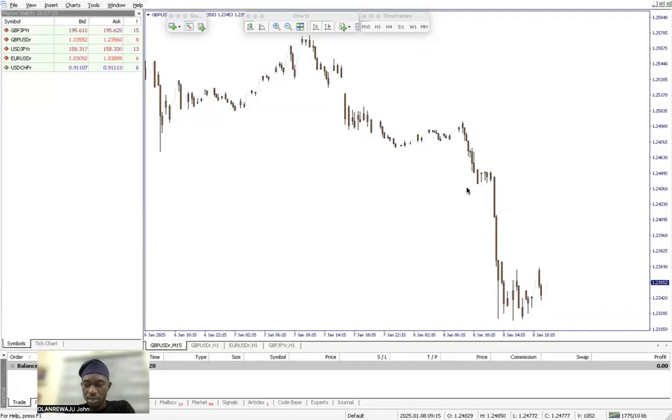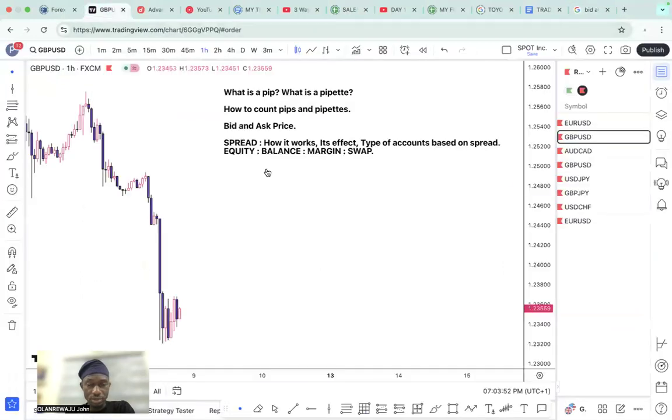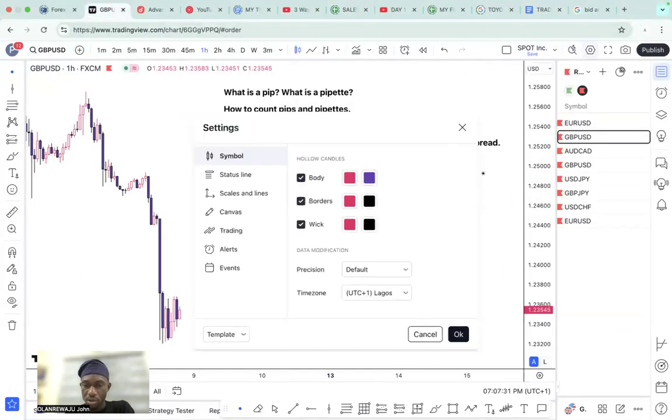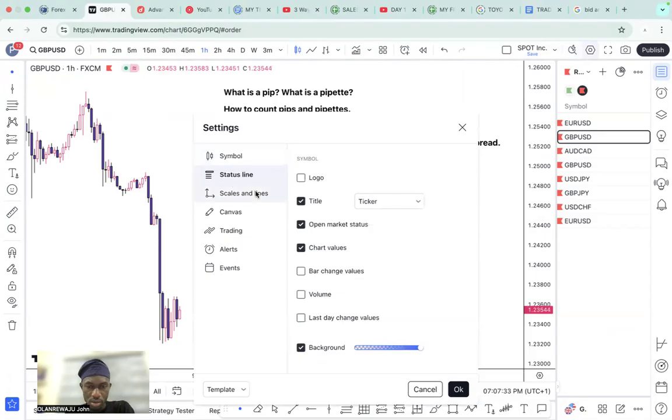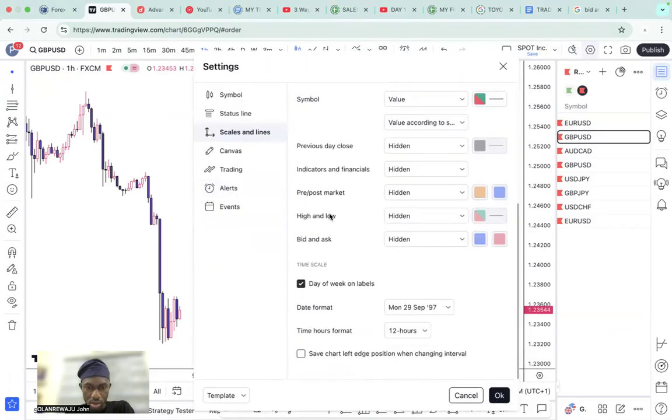Let's check if we can see it on TradingView. Okay, bid and ask. So this is it. I hid my own because I really don't need them.